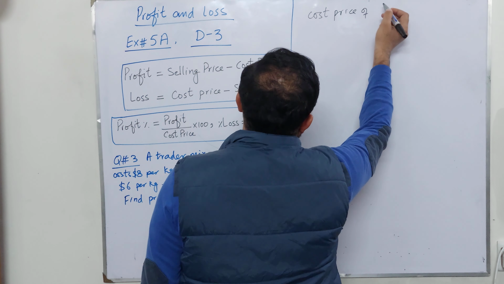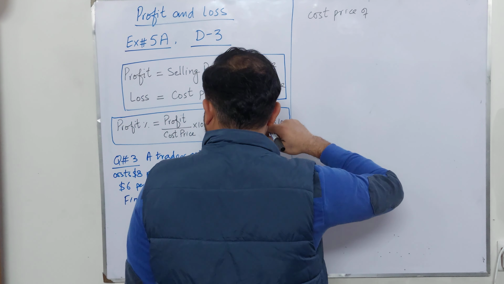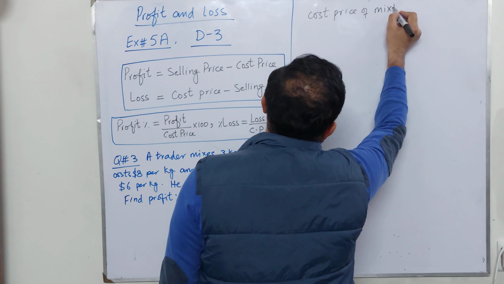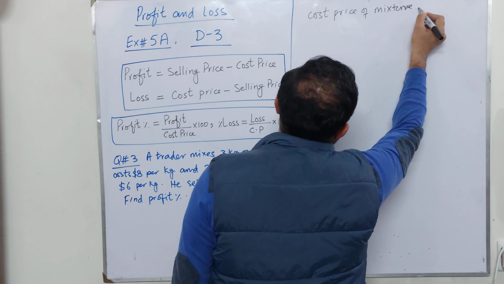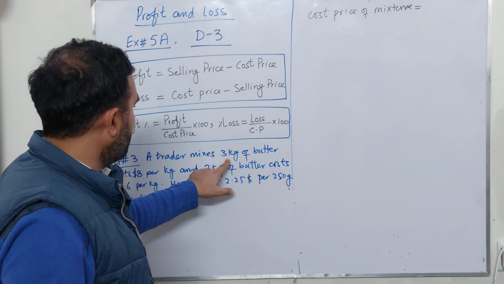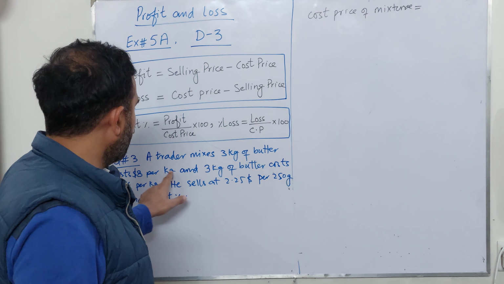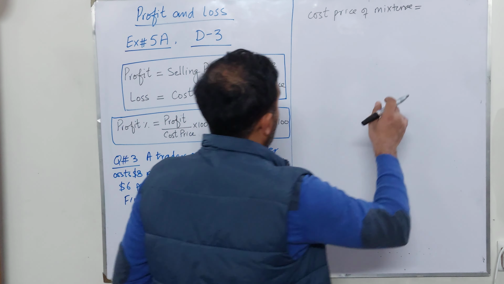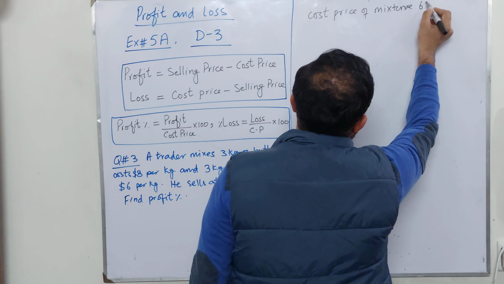Cost price of mixture is equal to, so one is 3 kg which costs $8, and the other one is 3 kg which costs $6.